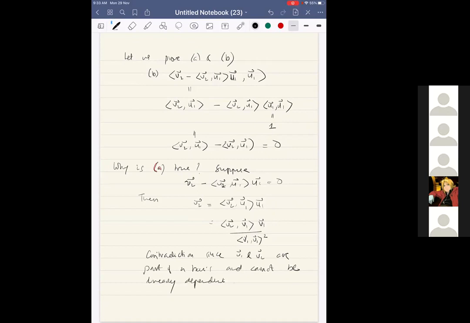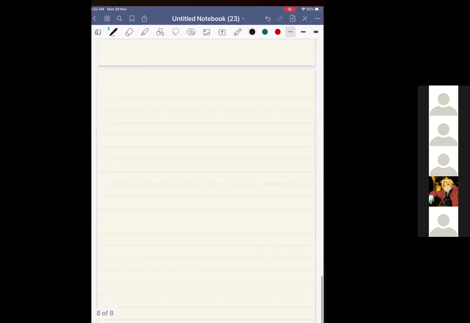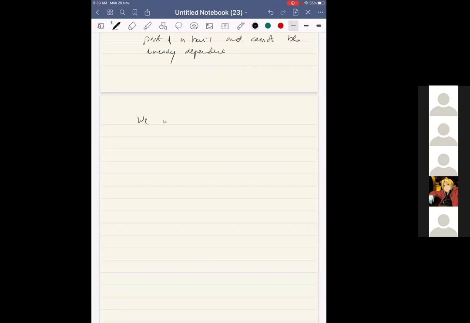Very good. So now what I will do is we will define U2 prime to be equal to V2 minus V2 U1 and then set U2 to be U2 prime divided by its norm.